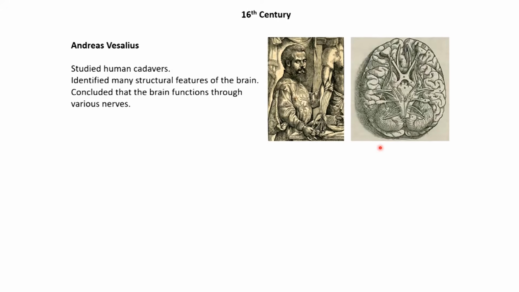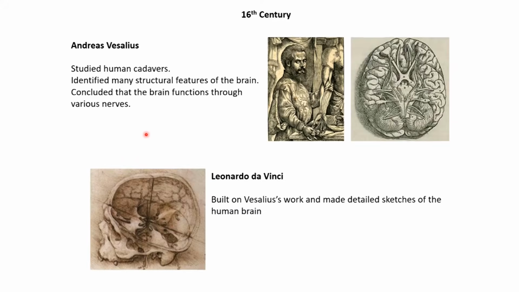And this is probably the first time that we could see the brain not just as a mushy gel, but we could really see different parts of the brain. He could also see various nerves and probably could see these nerves going to different parts of the body. And so he concluded that the brain functions through these various nerves. Then later, another great scientist in Europe, Leonardo da Vinci, built upon Vesalius's work.